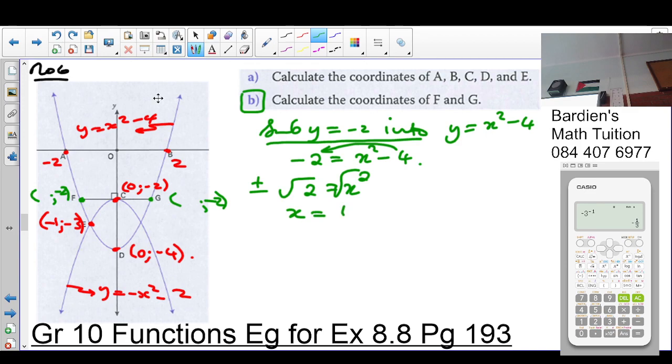So therefore x equal to plus minus the square root of 2. Why two solutions, people? There's two values at which that has a y value of -2. So which one does F get? The -√2 and -2, and G is going to be √2 and -2.